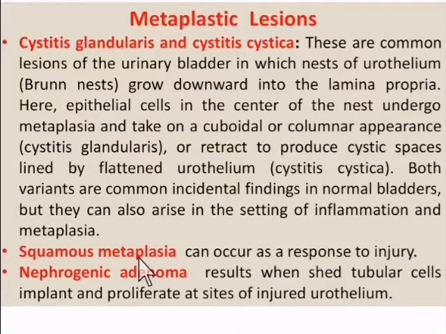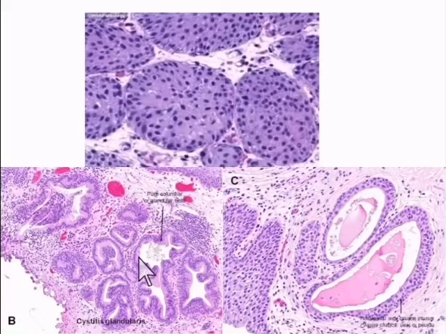نجي للmetaplastic lesions of the urinary bladder. Number 1, cystitis glandularis and cystitis cystica. These are common lesions of the urinary bladder. تبدي when there is invagination of the urothelium اللي هو الابيثيليوم that covers the urinary bladder.